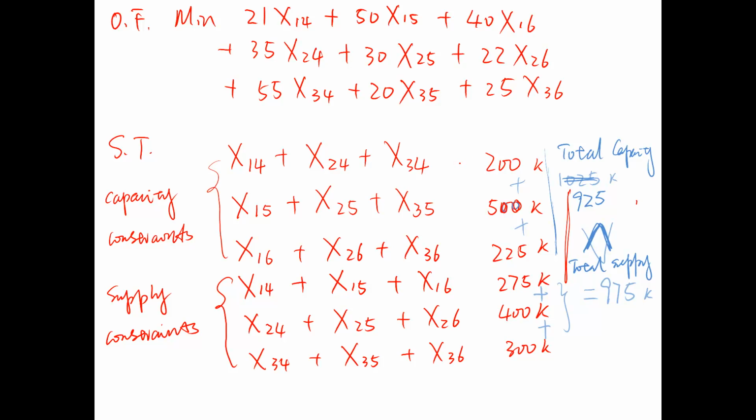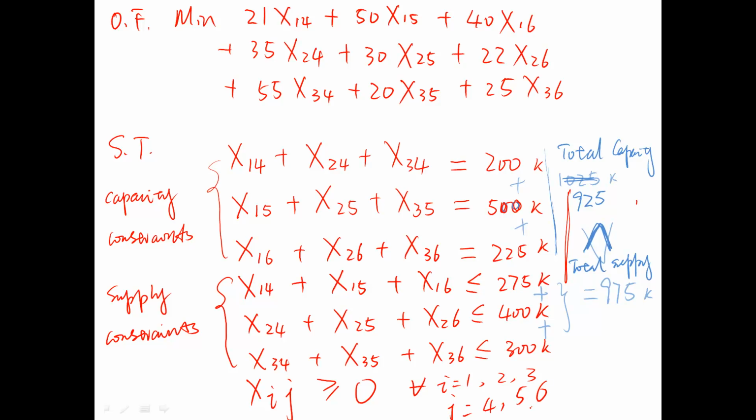Then we have to change the signs here to be equal to, to make sure all the available capacities are used and we don't ship out more than what we have. And then all the xij's need to be greater than or equal to 0 for all i from 1, 2, 3, and j from 4, 5, 6. So that would be our model.